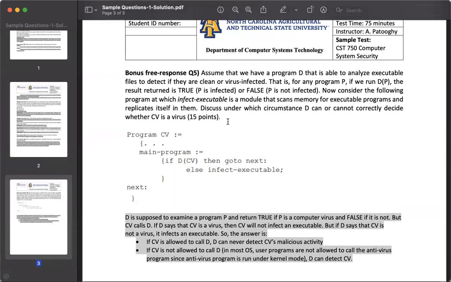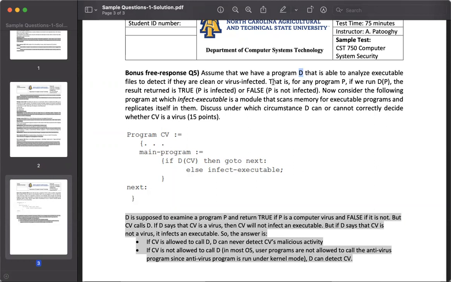So the last question is a bonus question, which asked you to judge a program or a situation. Here it says, assume that we have program D. We don't see program D, but they told us that D is a program which is able to analyze an executable file to detect if it is clean or virus infected.